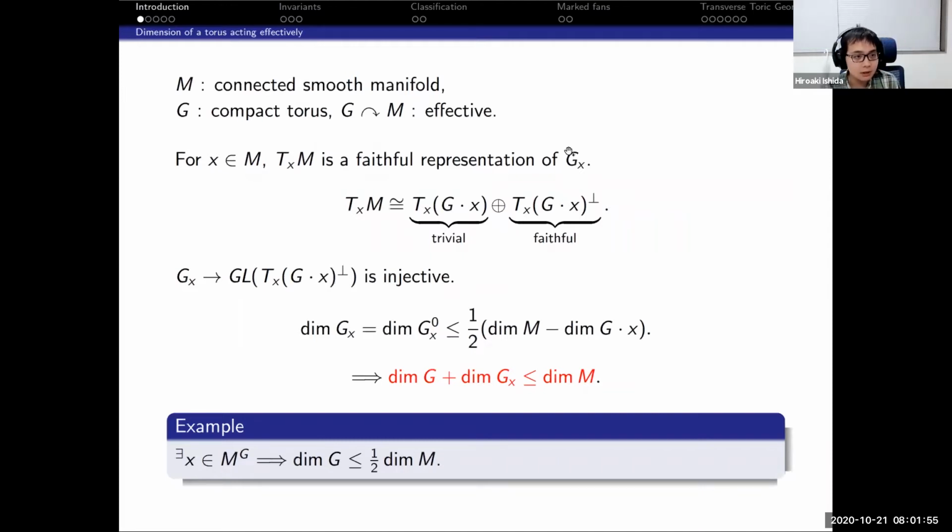Let us consider a smooth manifold equipped with torus actions, and the action of the compact torus should be effective. Let us take a point in the manifold and consider its tangent space. This is a faithful representation of the isotropy subgroup.